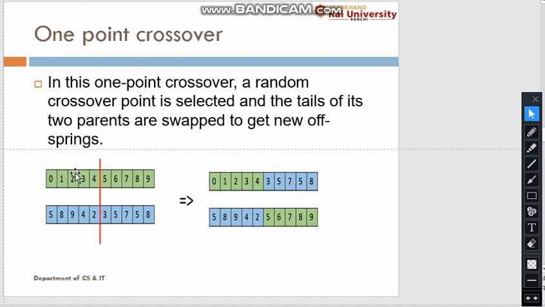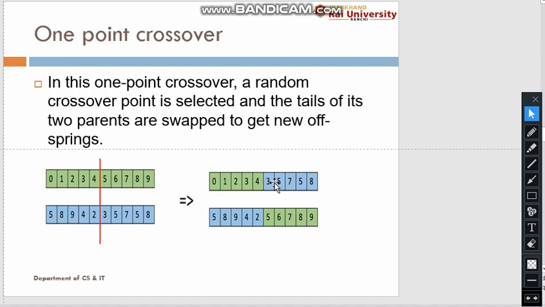So this is our parent 1, this is our parent 2, and we have selected this cross site. The cross site is selected randomly. आप कहीं पे भी कोई भी cross site select कर सकते हैं, and once we select the cross site, the tail of the parents is exchanged between the two chromosomes.